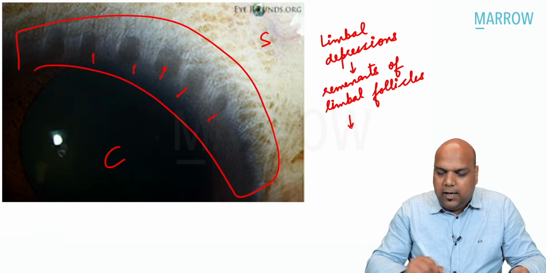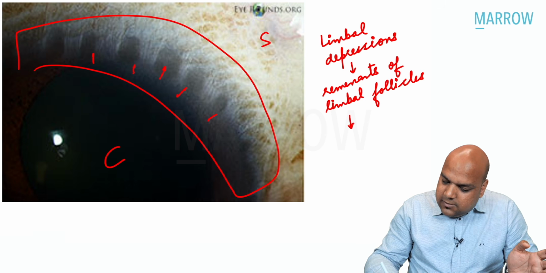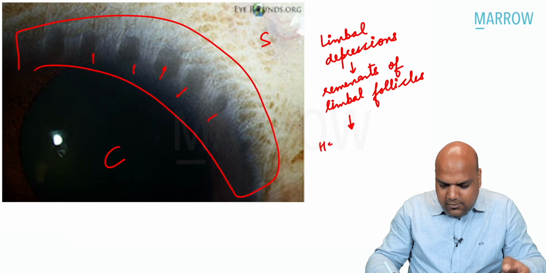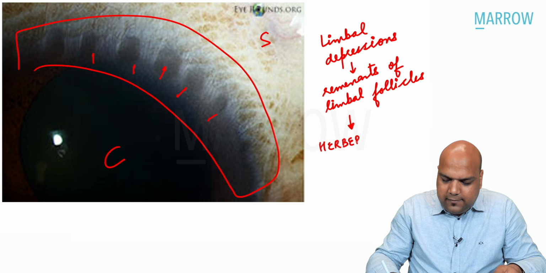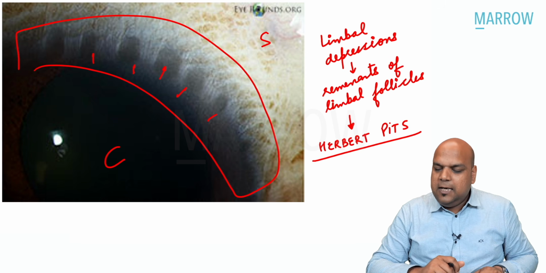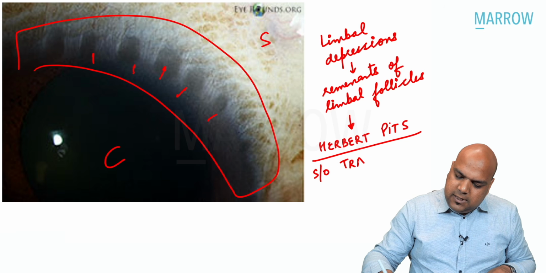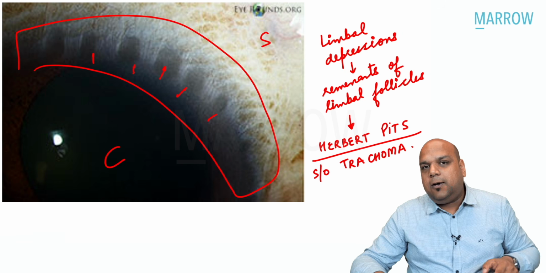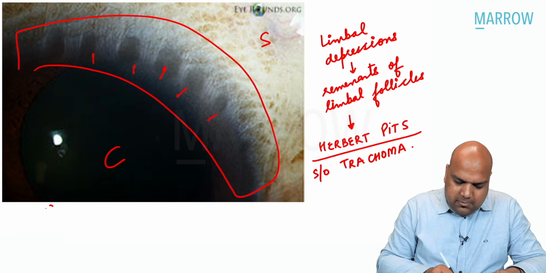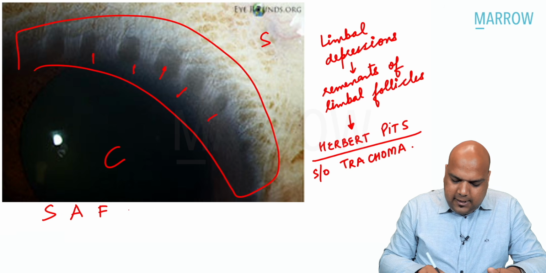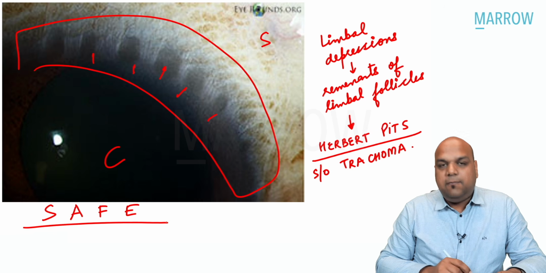This is not Horner-Trantas dots, this is known as Herbert pits. Remnants of limbal follicles, known as Herbert pits, are suggestive of the endemic disease called trachoma. SAFE strategy: please remember, surgery, antibiotics, facial cleanliness, and environmental hygiene.